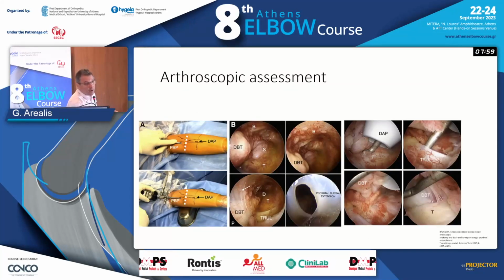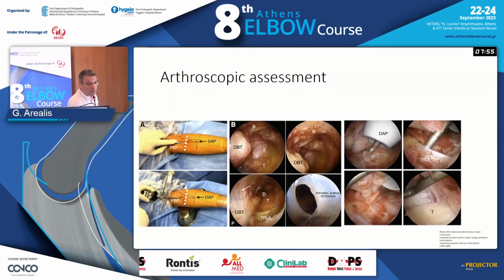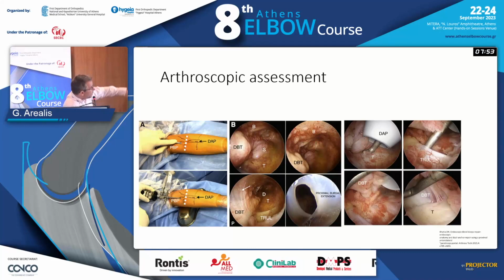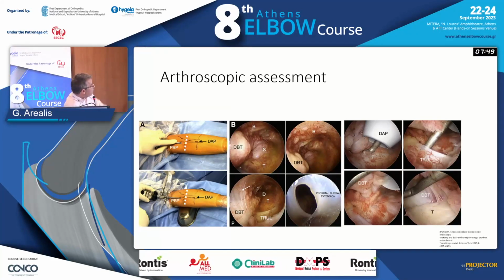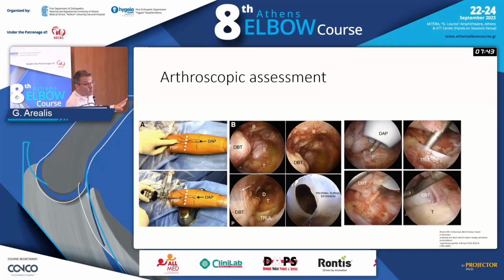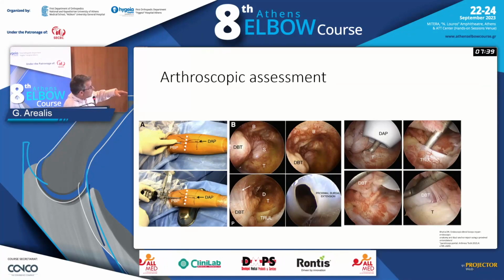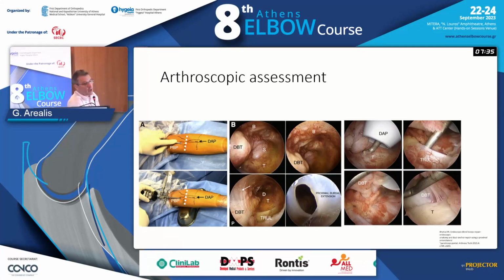And then, when you have partial tears, and if you are able to perform an arthroscopic assessment, it's quite useful. You can see the distal biceps tendon on the beam, so that's the Bhatia paper. It's a very good paper and a series of papers, not just one paper. If you decide to go ahead and try something like that, the distal biceps tendon is still attached to the tuberosity, so that's what a normal arthroscopy would look like.